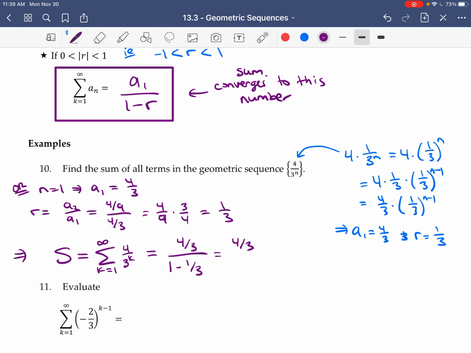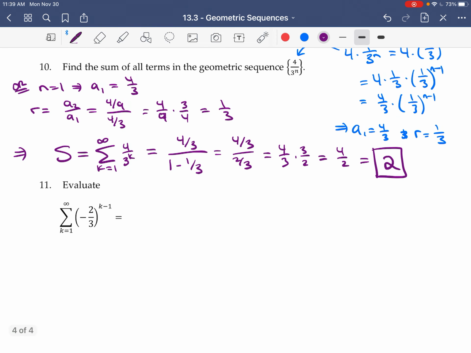So that's 4/3 over 2/3, which is 4 over 3 times 3 over 2, so that's 4 over 2, or 2. So if you add up all the terms, the sum approaches the number 2. It's 4/3 plus 4/9 plus 4 over 27, etc. Keep adding all those terms up, so you never stop. It only approaches the number 2.